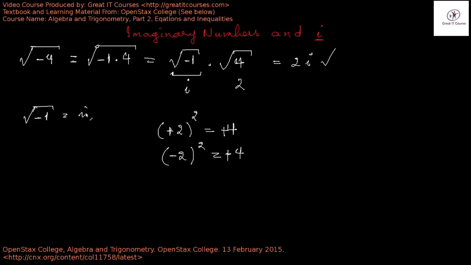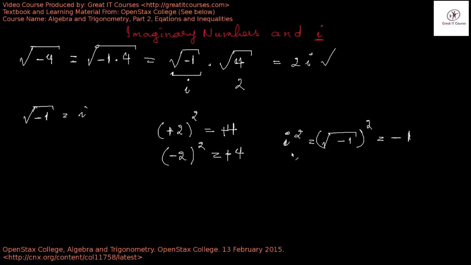But in the case of imaginary numbers, it's different. When you square an imaginary number, for example when you write i squared, that would be the square root of minus 1 whole squared, and this is equal to minus 1.